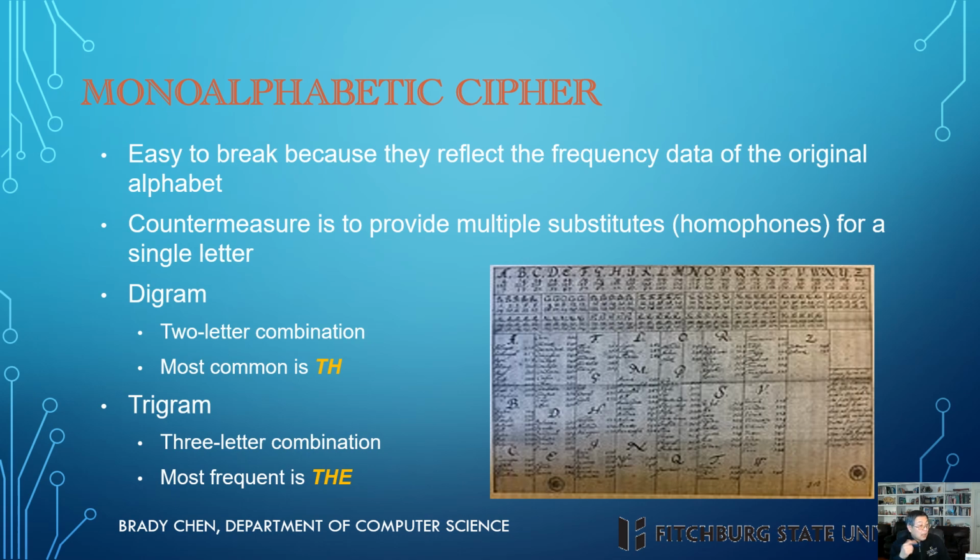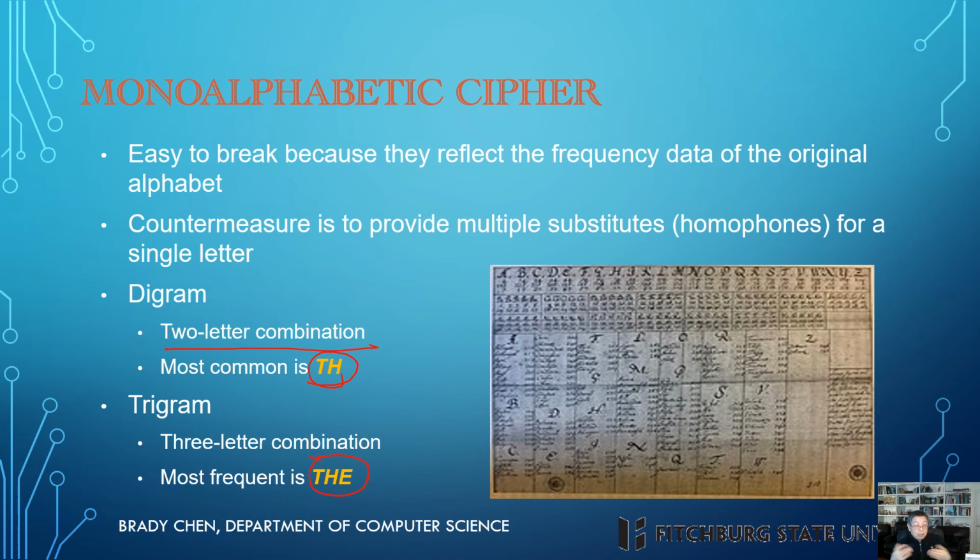And also, the countermeasure is to provide multiple substitutes for single letters. Because once we fill more positions, then we can actually use the digram or trigram. The digram is basically 2 letter combinations. For example, if we frequently see a 2 letter combination, then we can pretty much use the frequency of th, the digram, to guess this.